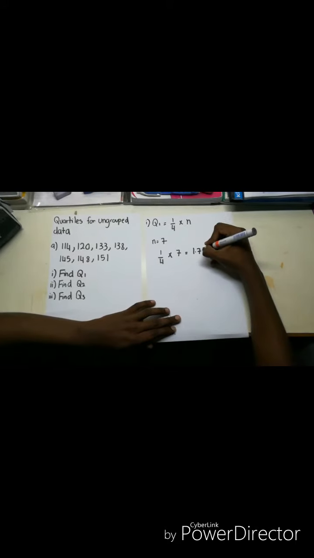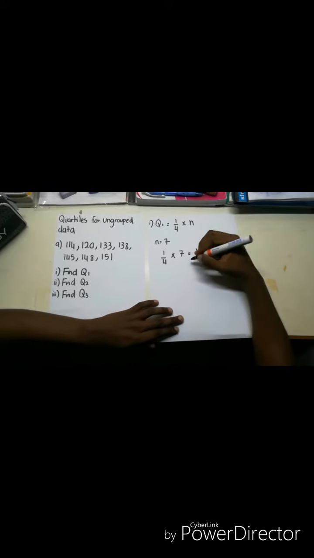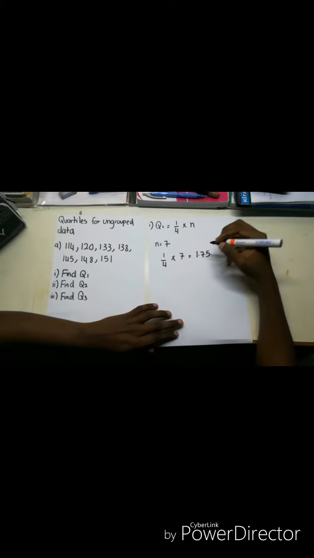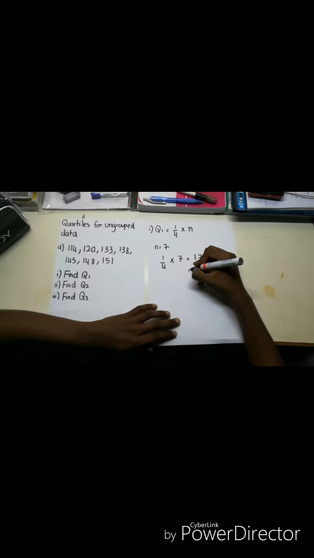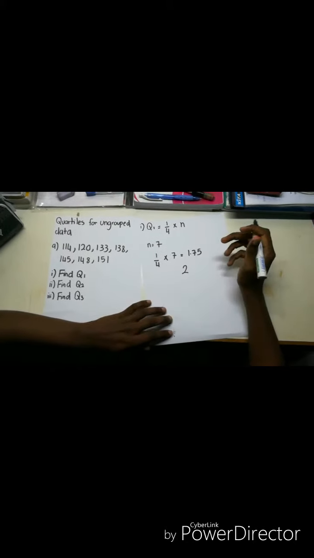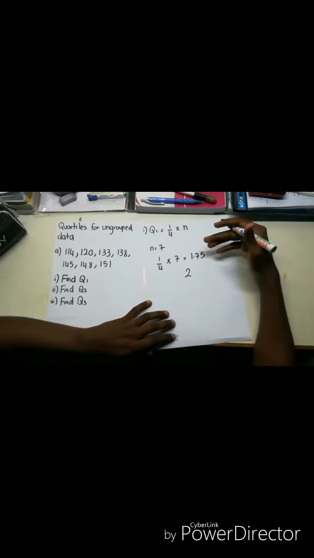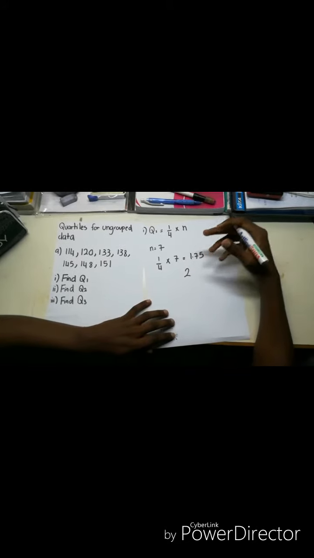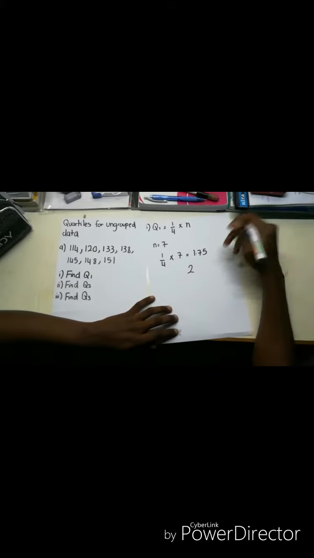1.75, which is a non-integer. If we get a non-integer, we have to take the following integer number, which is 2. For example, if we get 3.2, or 3 point something, we have to take the following integer number, which is 4.